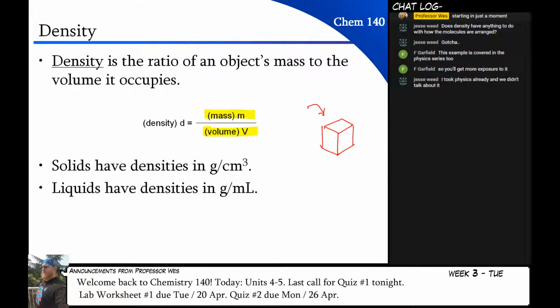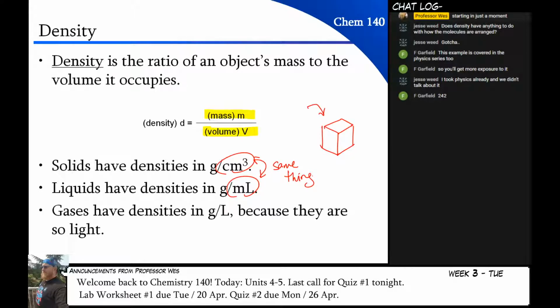So we express liquid densities in grams per milliliter because a milliliter is just more convenient. But remember, this and this are the same thing, right? So if you report your solid with a density in grams per milliliter, that's still valid. I wouldn't mark that wrong. Another physicist would be like, oh, okay, I understand what you're doing.